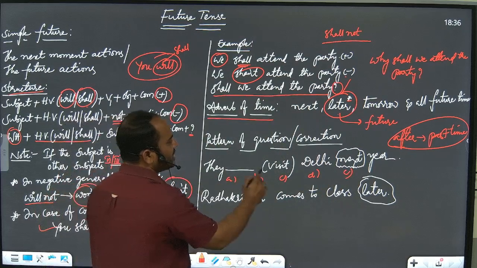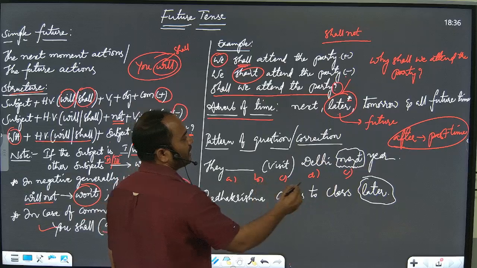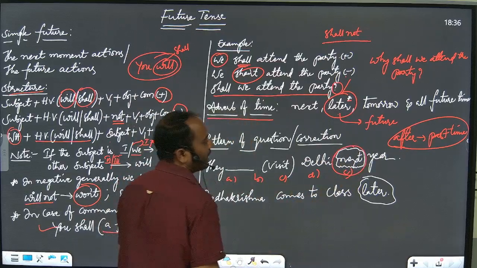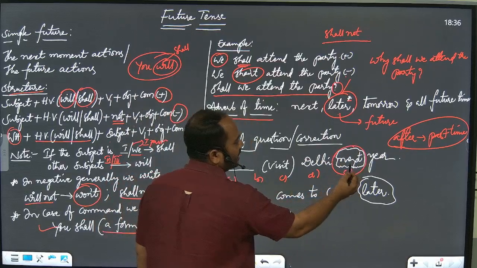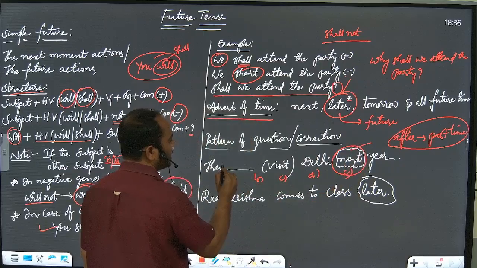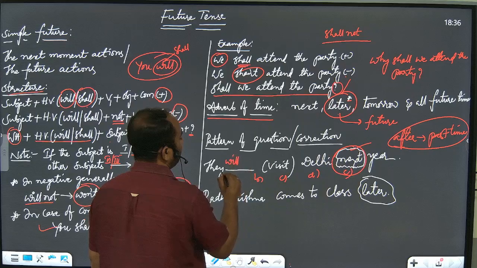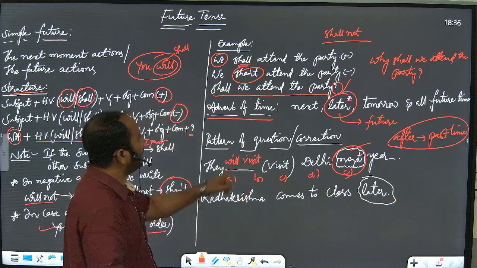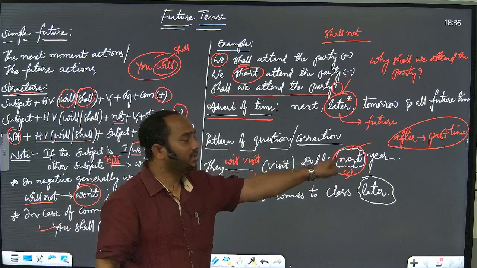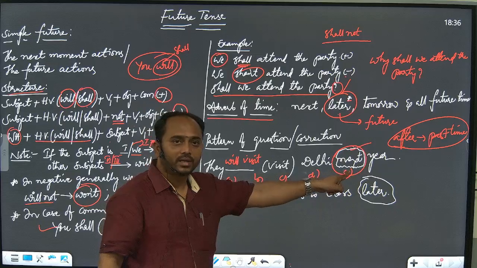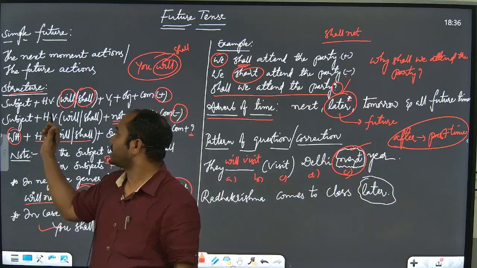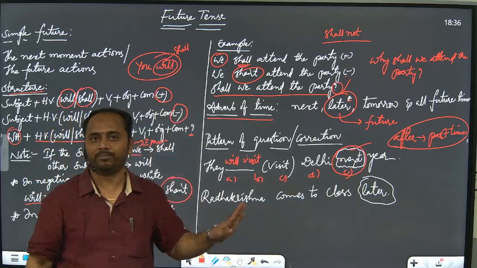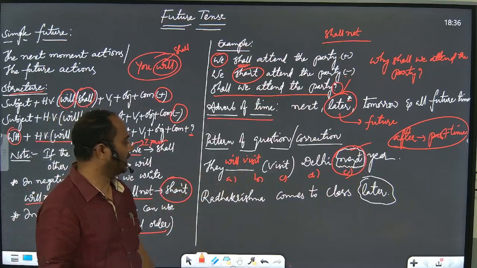Whenever you get a sentence like this, you need to identify the adverb of time word first. Here next year is mentioned. So next indicates the simple future. That's the reason the answer will be they will visit. Why? Next is the adverb of time word for the simple future and the structure is will or shall plus V1 form. The verb must be in the first form only.